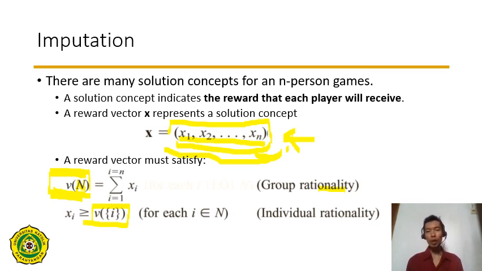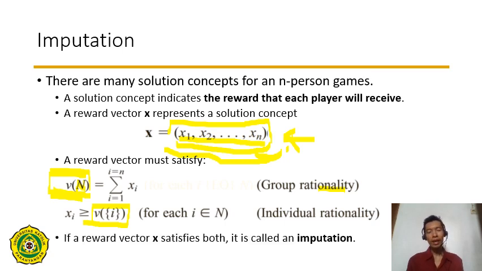So there's no way a solution concept can say that I can only receive less than 100. Okay, so these are the two rationalities that a reward vector must satisfy. And if a reward vector satisfies both group rationality and individual rationality, it is called an imputation.